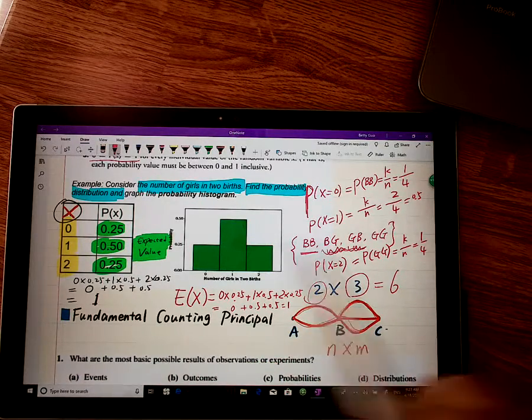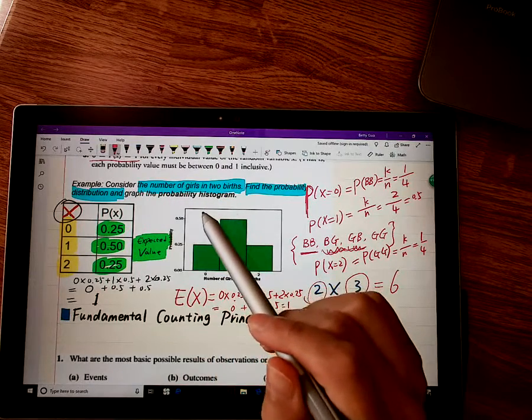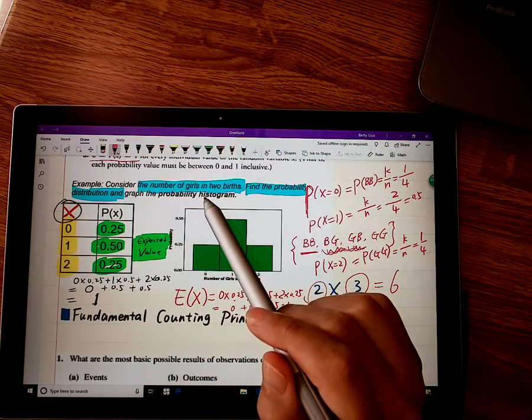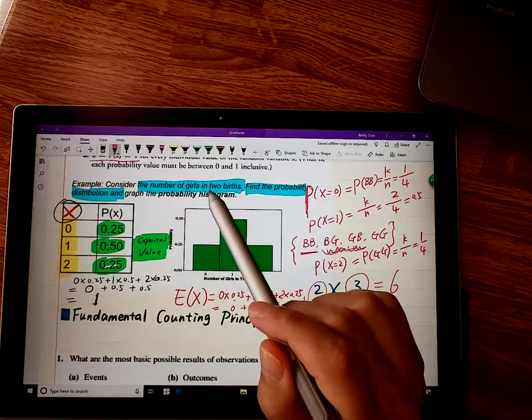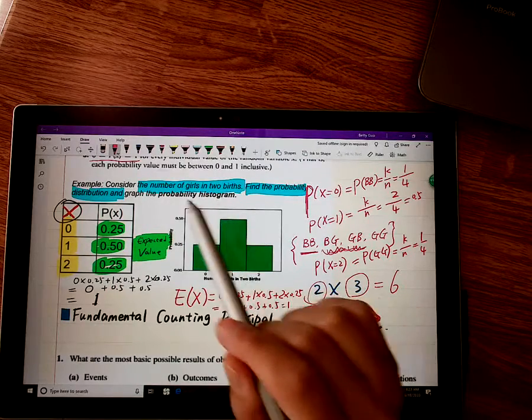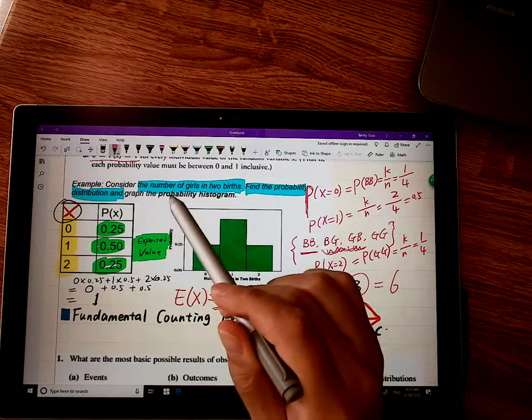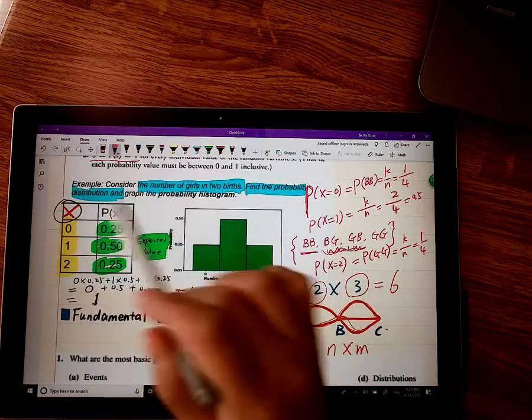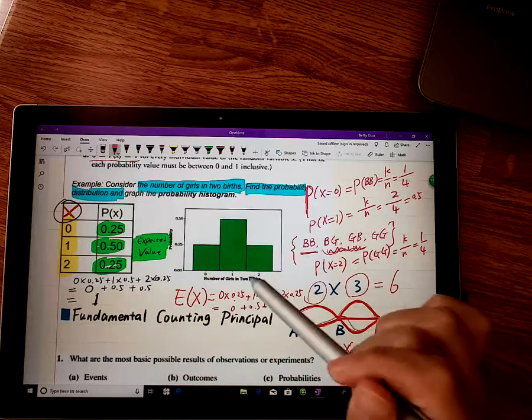Probability histogram. Do you guys remember frequency histogram? A frequency histogram simply converts the table to a histogram. Here is the same thing. For a probability histogram, you convert the table to a graph.